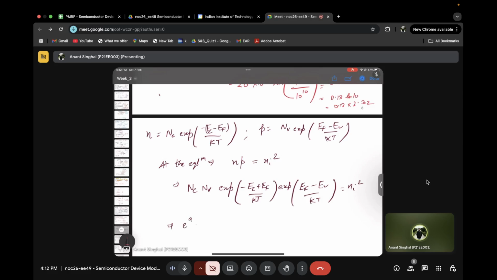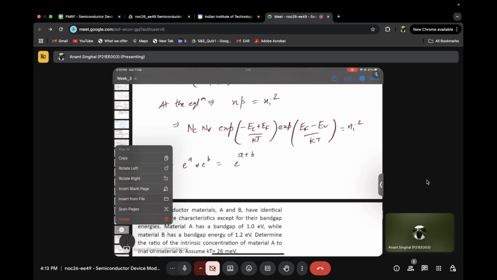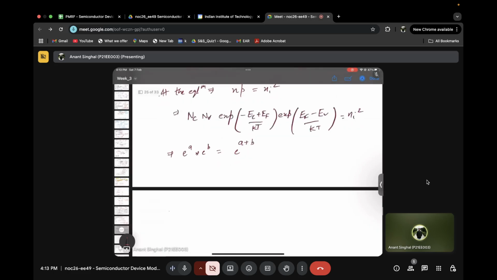So what is exponential a times exponential b? What is the formula? Exponential of a plus b, right? So if we know this, can I write NcNv exponential of, yeah, Ef will cancel out and it will come out to be minus Ec plus Ev equals ni square.